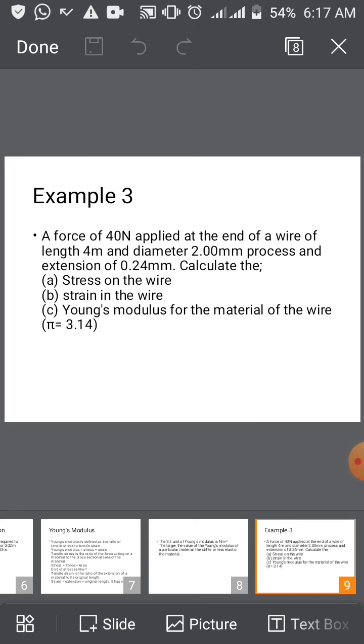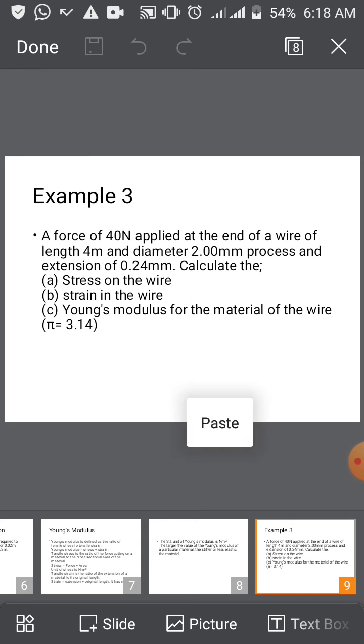Example 3. A force of 40 Newton applied at the end of a wire of length 4 meters and diameter 2.00 millimeters produces an extension of 0.24 millimeters.